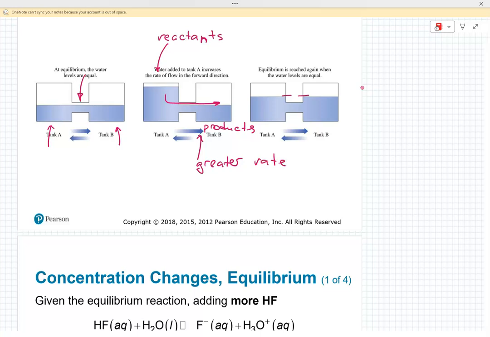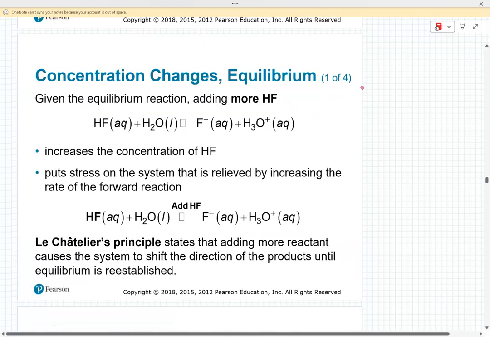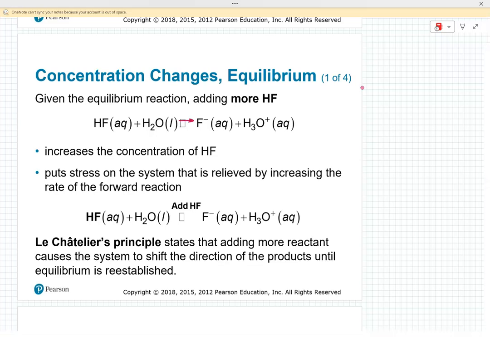Okay? But equilibrium will be restored at some point. So here's the idea. In this situation, and I'm going to correct this, this is a reversible reaction which exists in some kind of equilibrium.